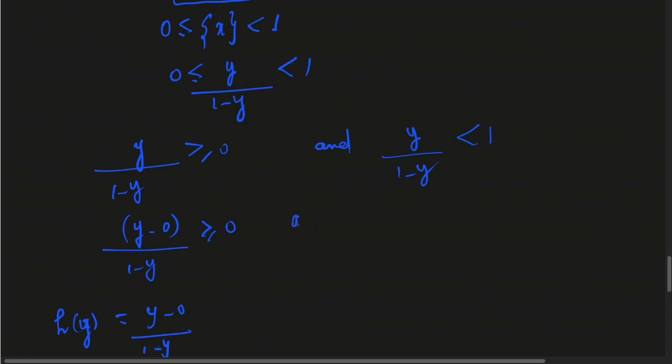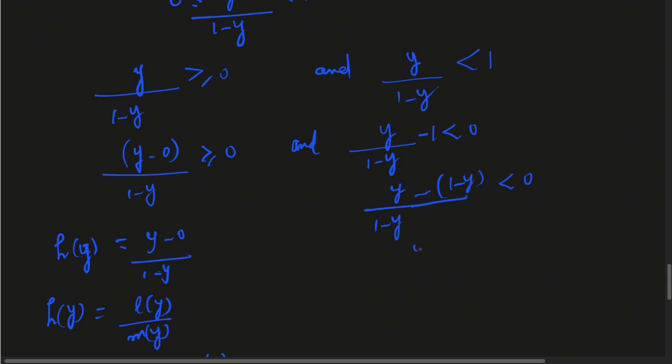Now let us look at the second case, which is y upon 1 minus y less than 1. So we will write it as y upon 1 minus y minus 1 less than 0.